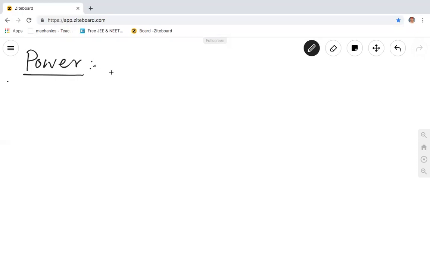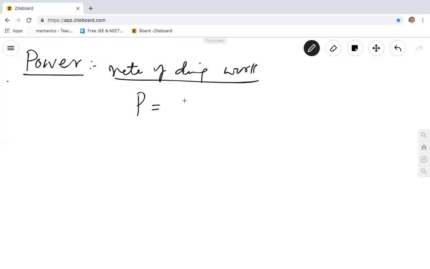Power is basically the rate of doing work. Simply, power is how much work you do in 1 second. That is work by time. You may do a lot of work, but that never means you have a lot of power.